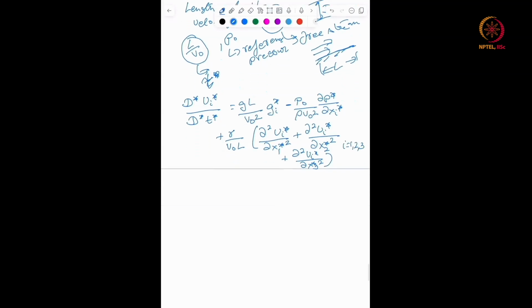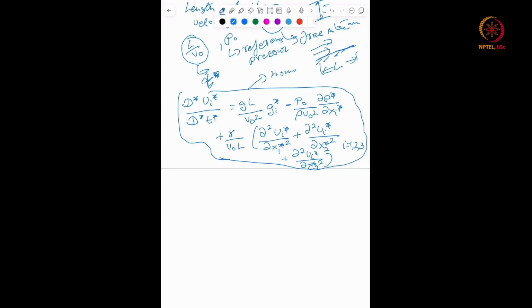So the dimensionless coefficients on the right hand side have been identified as certain numbers. We will see what those numbers are. So this is like a dimensionless velocity Navier-Stokes equation.